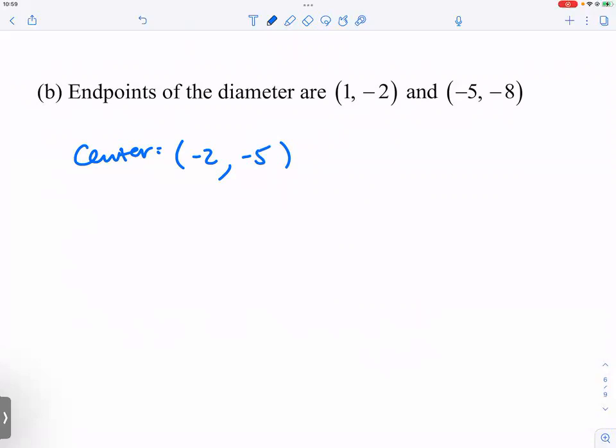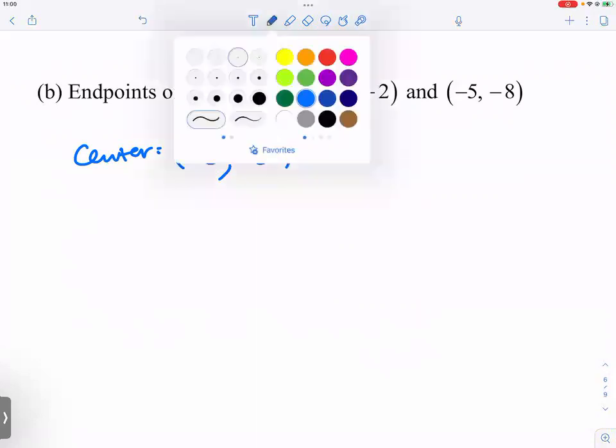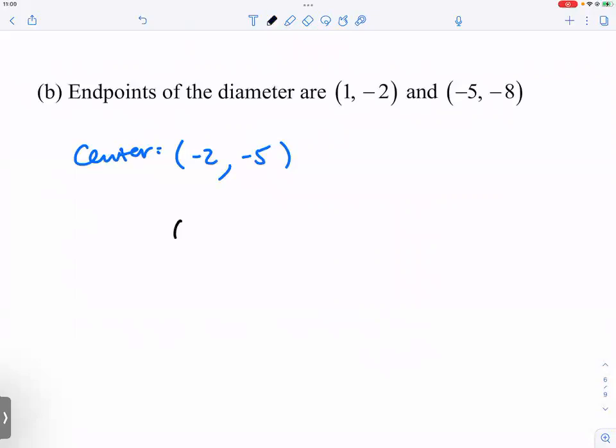So to find out the radius, you may do the previous method, or you can do the substitution. Do you want to do the distance formula, or the substitution? Which one do you prefer? Substitution? I think I like substitution better. So you have (x plus 2) squared plus (y plus 5) squared equals r squared.